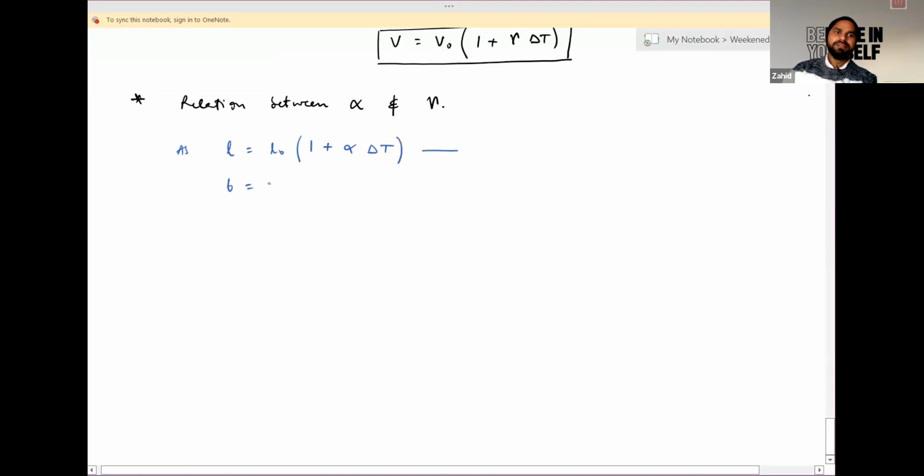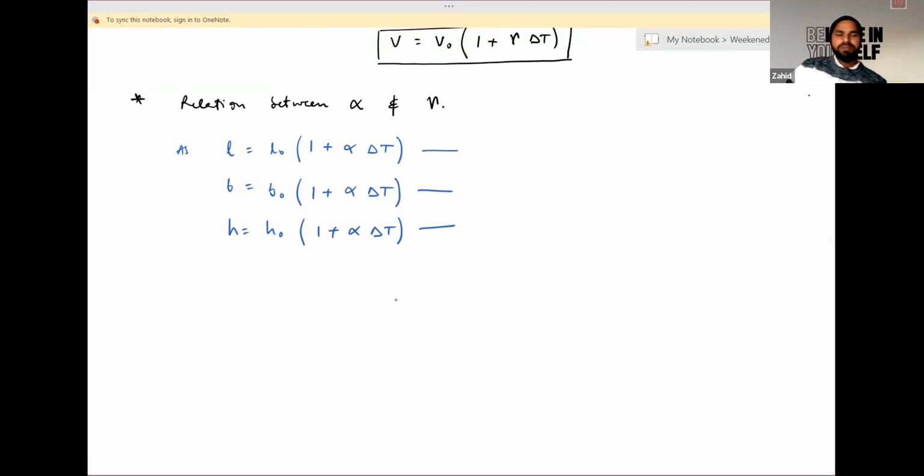Similarly, breadth equals B naught (1 plus alpha delta t), and height equals H naught (1 plus alpha delta t), as these are all nothing but length in different directions. So length will increase with the same rate of alpha in all directions. That's why I have taken length, breadth, and height all alpha dependent.